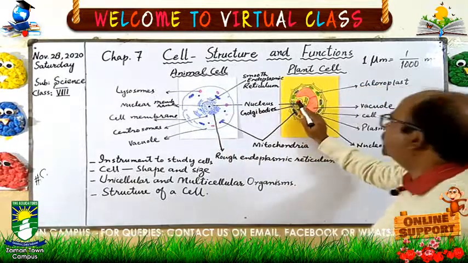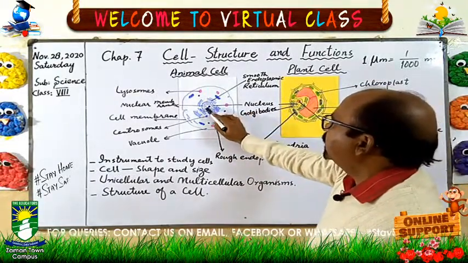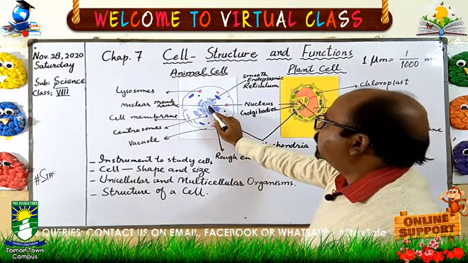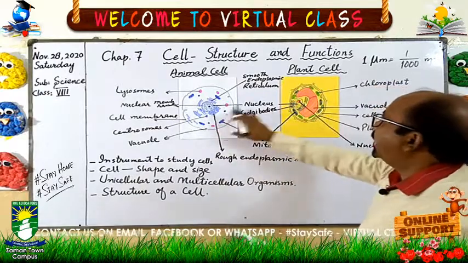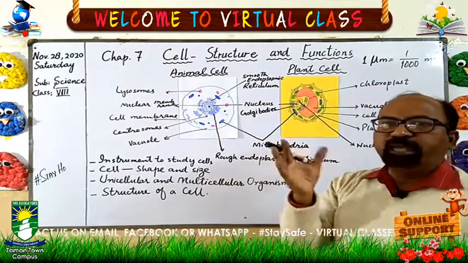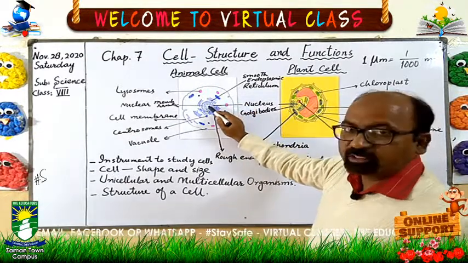Inside the nucleus, this is the nucleus of the plant cell, this is the nucleus of the animal cell. Inside the nucleus there is another part that is called the nucleolus, and cells are made up of protoplasm. Protoplasm includes cell membrane, cytoplasm, and nucleus.